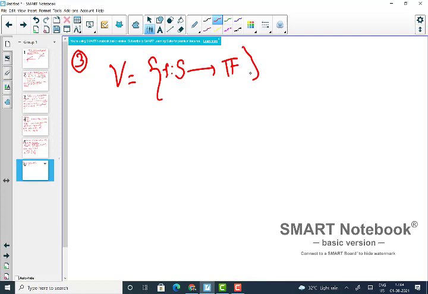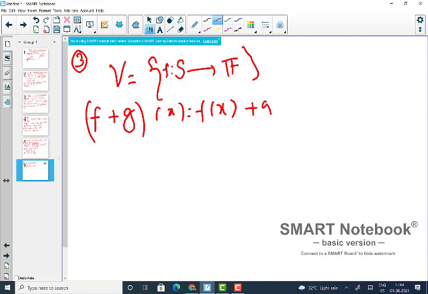and then you see that with respect to two operations, what are the operations? You define the usual addition of functions. So if you have two functions f and g, then you define (f plus g)(x) equal to f(x) plus g(x).